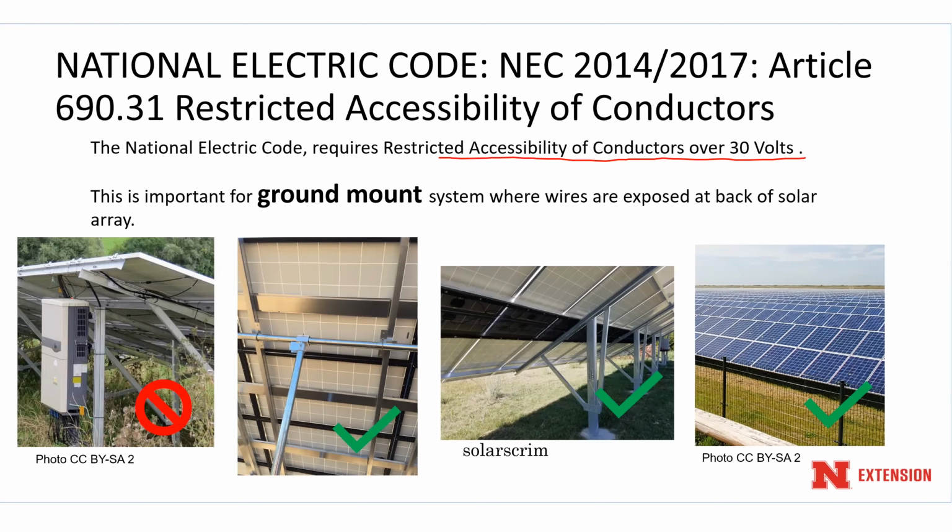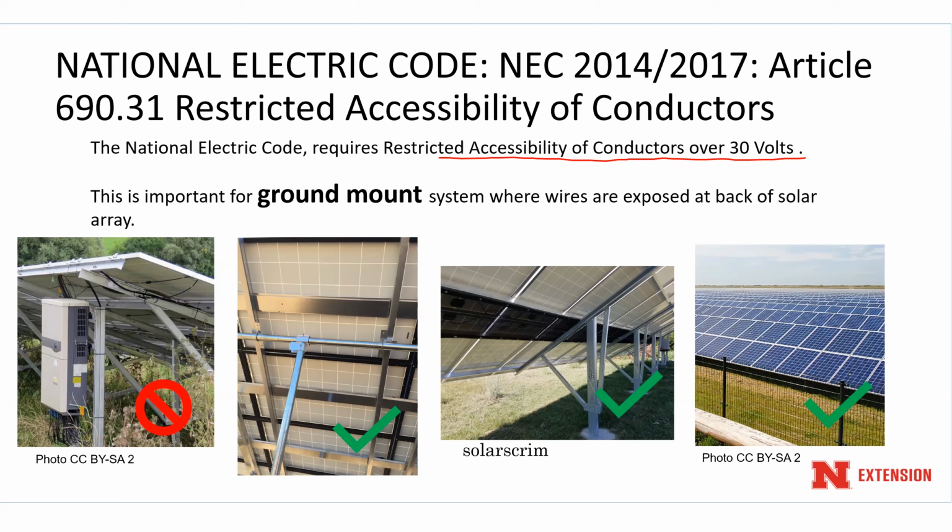If I've got those strung together, that could be as high as 500 or 600 volts. And because there's nothing blocking me from walking up there and touching them, this does not meet the electric code, and is ugly as sin.